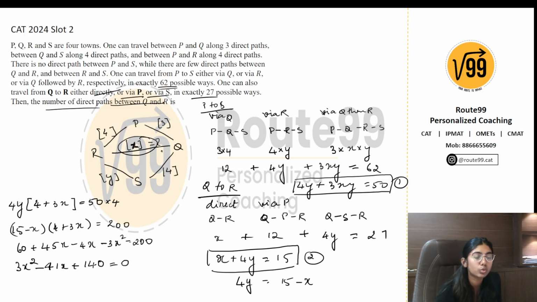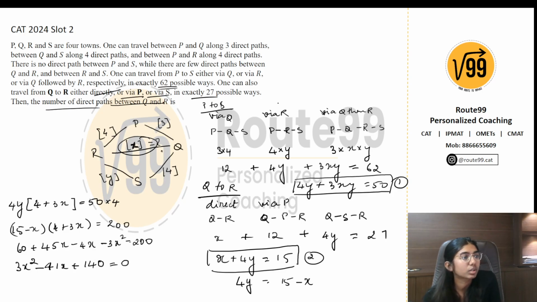If you want to use the Sridharacharya approach, X is equal to minus b plus minus square root of b square minus 4ac upon 2a, you can use that as well. But you can also split the middle term in this equation.